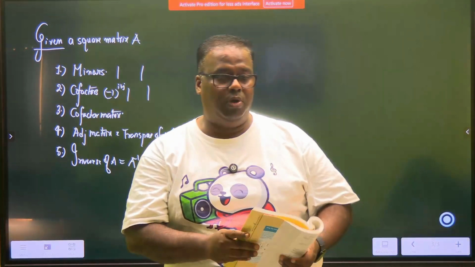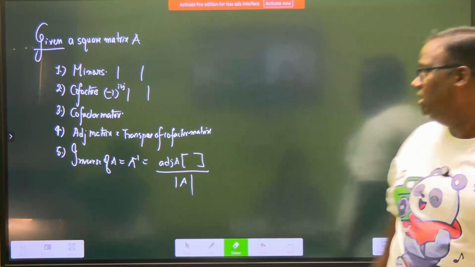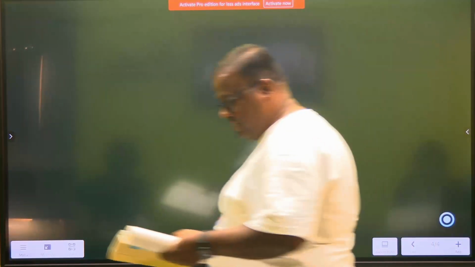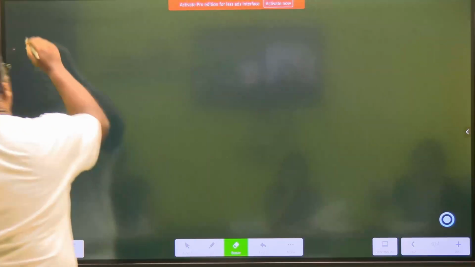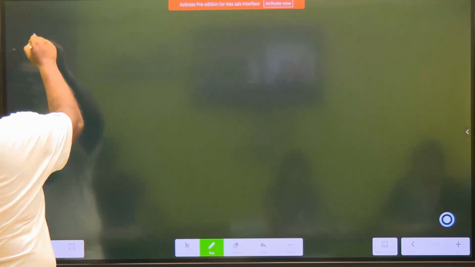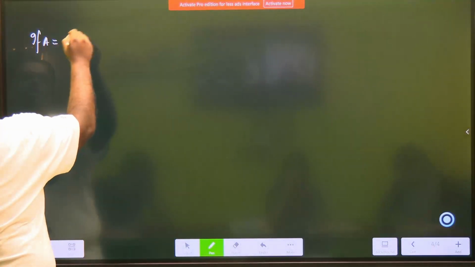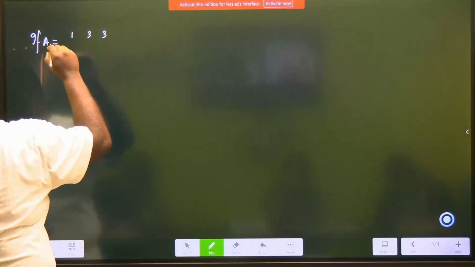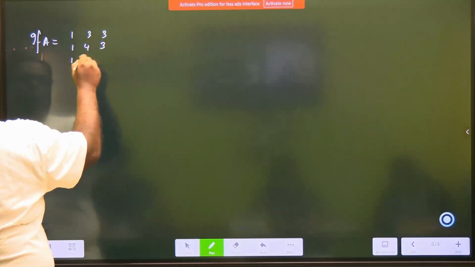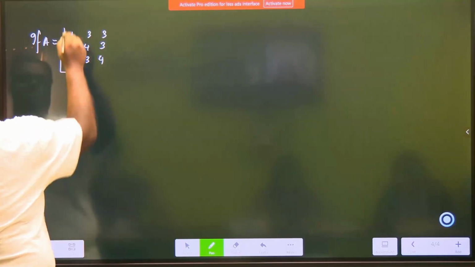So let's take one problem of this type. Ready? Don't worry, it's very easy. It says if A is equal to 1, 3, 3, 1, 4, 3, and 1, 3, 4. This is A, and A is a matrix.